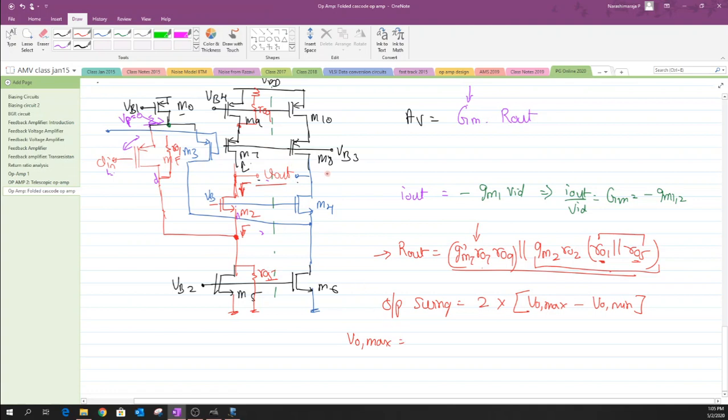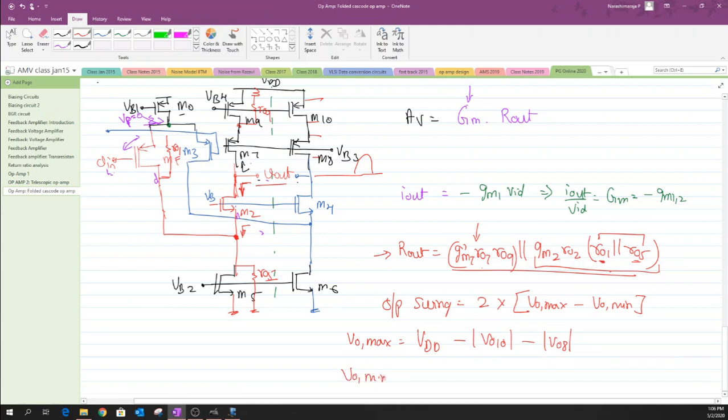As we know, whenever there is an output swing across the common node or the Q point, the output can go all the way up, provided it gives enough room for the drain and source of M8 as well as the drain and source of M10, and the minimum value that we need in order to ensure that these transistors stay in saturation is nothing but the VOVs, right. So based on this, one could write it as VDD minus the VOV10 minus the VOV8. Okay, again it can be written even in terms of 9 and 7, but it's fine.